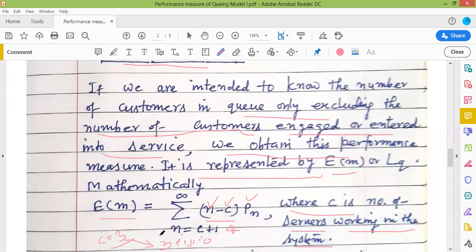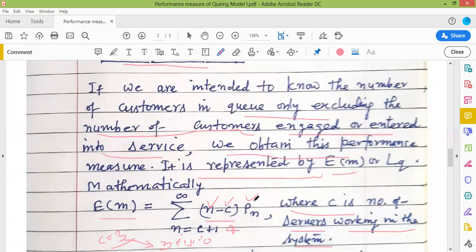Therefore this c is subtracted. This is not the doctor or the server, it is the number of customers, because one server will engage one customer, two servers will engage two customers, and three servers will engage three customers. These customers are being serviced, and since n is inclusive of this service, the formula n minus c is applied.